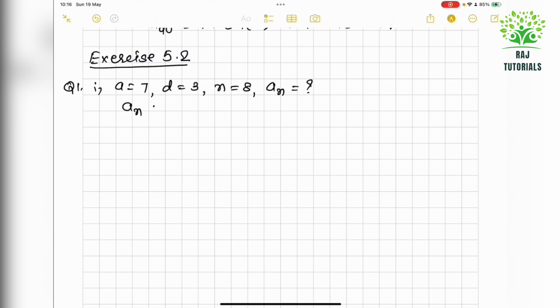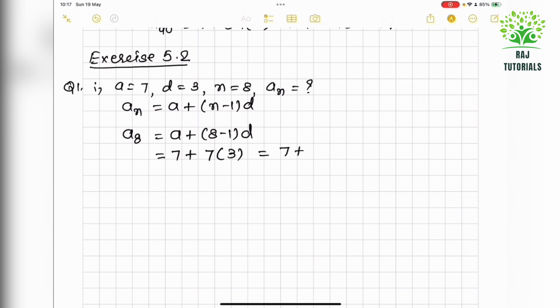The AN formula was A plus (N minus 1)D. So I need to find A8. So A plus (8 minus 1) into D. A is 7, 8 minus 1 is 7, into D, which is 3. So this will be 7 plus 21, so 28. So A8 is 28.